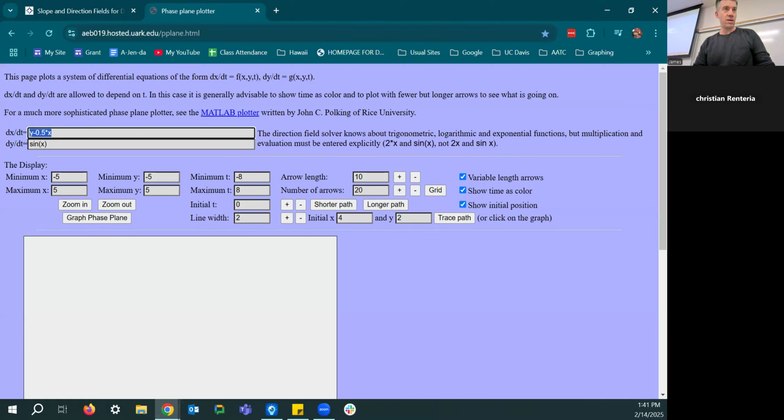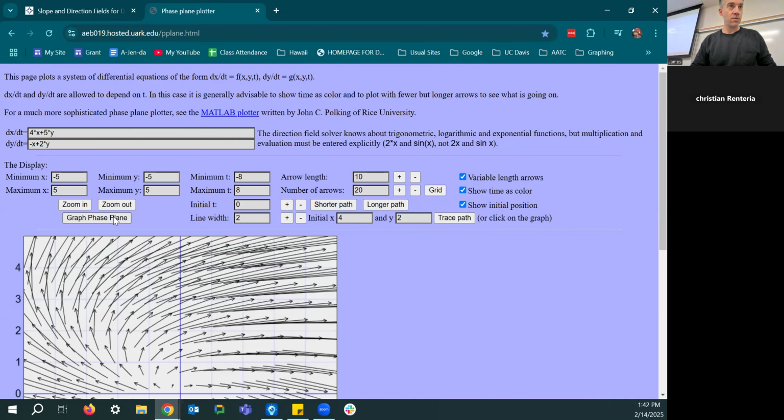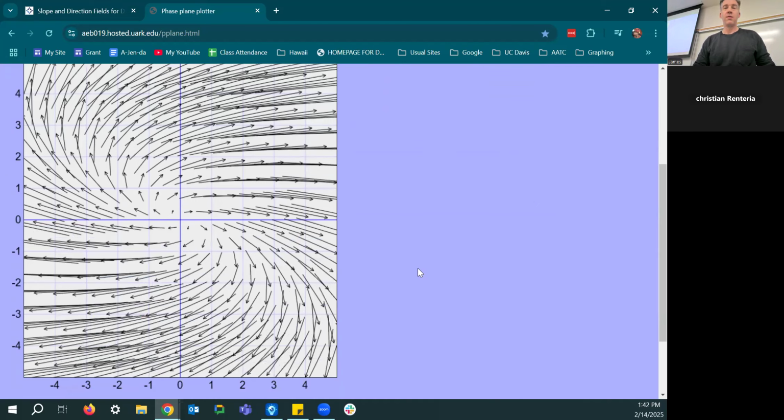I'm going to look at dx/dt equal to 4 times x plus 5 times y, and dy/dt is going to be negative x plus 2 times y. Graph it. It's a spiral, and it's an unstable spiral.